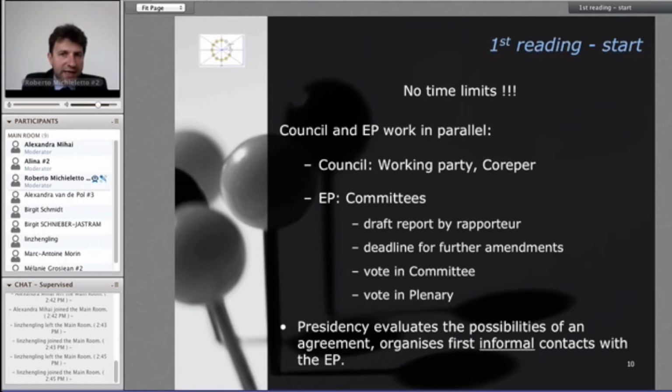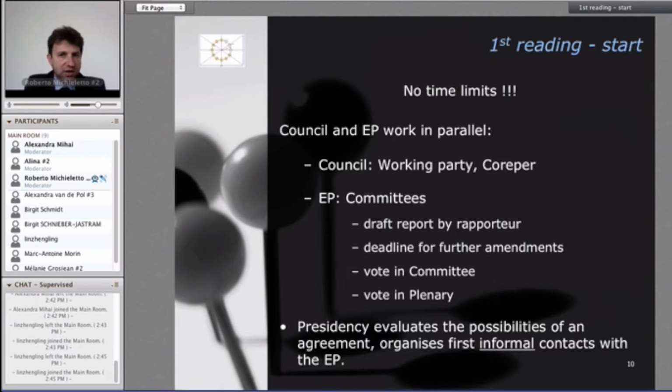Alina, at the end of the presentation, said that we have a transparency problem now, because discussions are at the level of the presidency of the Council, which represents the Council, and the committee rapporteur and shadow rapporteurs. But now there is a new trend in the European Parliament.